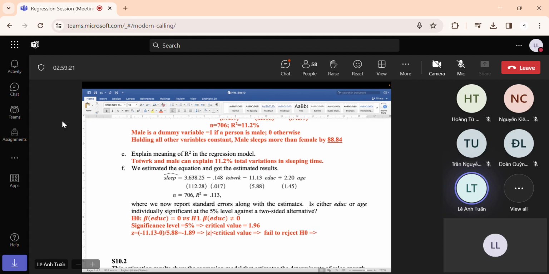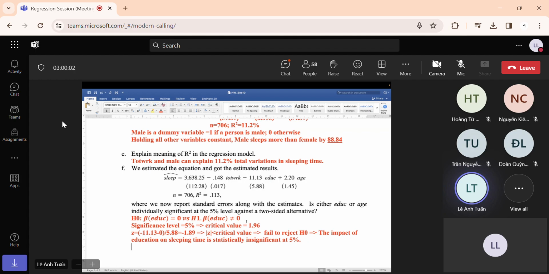So what does that mean here? We would like to test whether this is significant or not. If we fail to reject the null hypothesis, that means the impact of education on sleeping time is statistically insignificant at the 5% significance level.